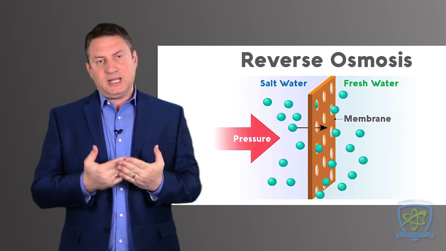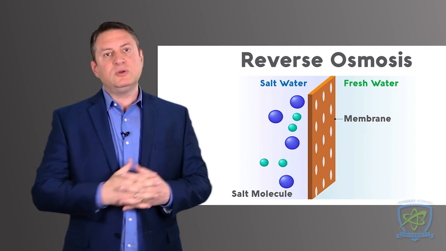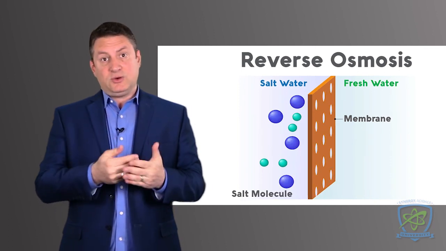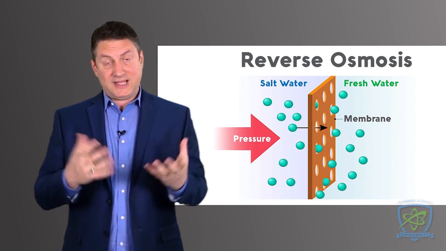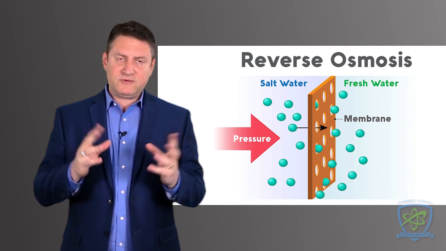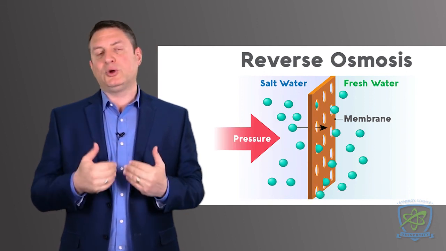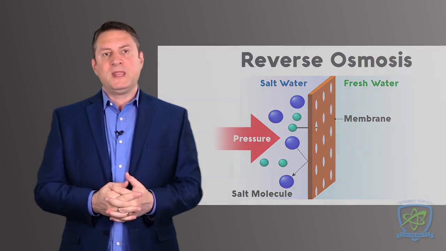It's a membrane and the holes are so tiny, you're pushing water through at a pressure, and everything that's larger than the hole size stays behind. That's the way the purification happens. Everything, for the most part, except for pure water, stays behind and doesn't go through the hole. This is the main types.